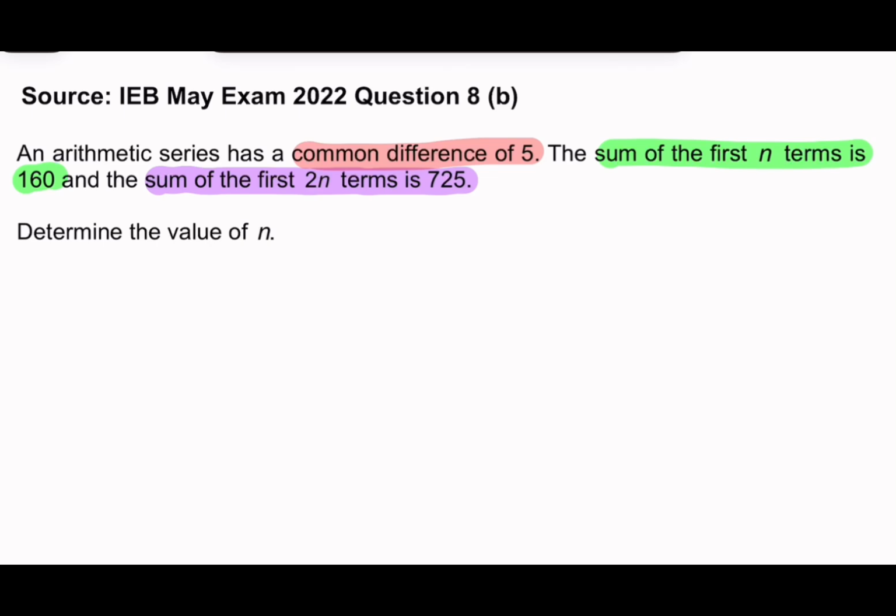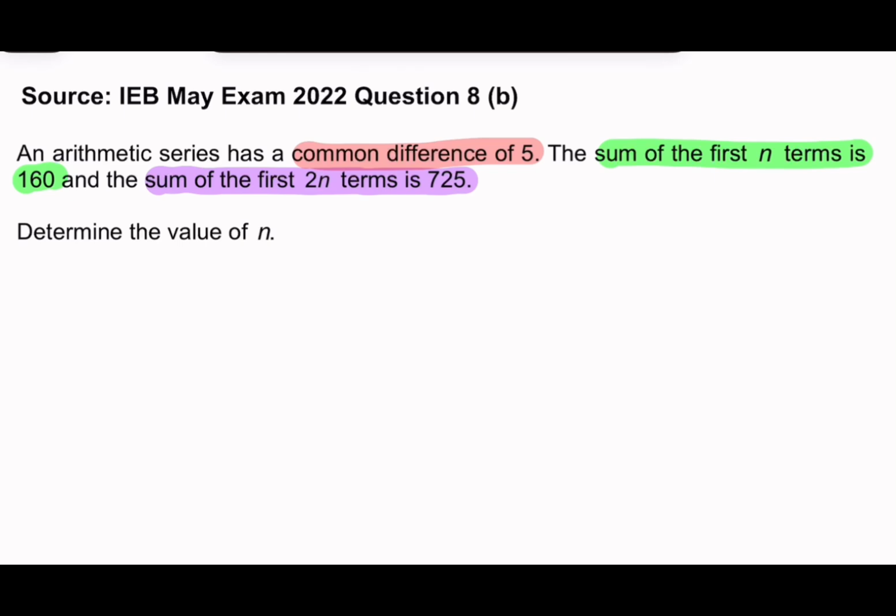So each piece of information gives you an equation. The common difference gives you nothing more than d is equal to 5, which is just knowledge you must have. But the sums give you equations which you can solve for unknown things.